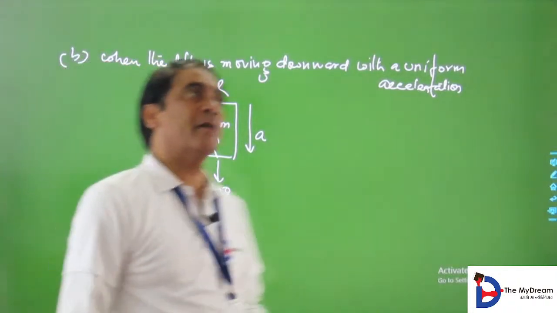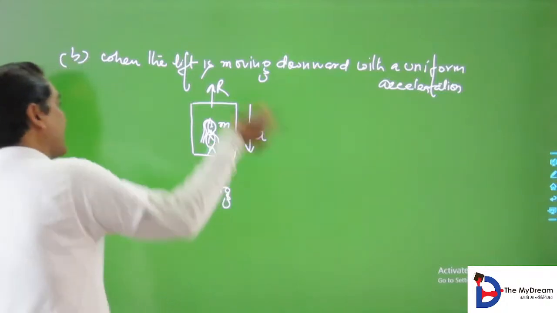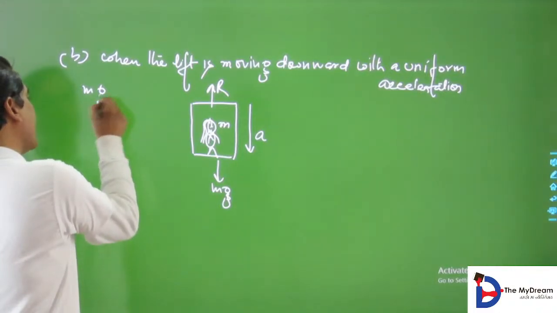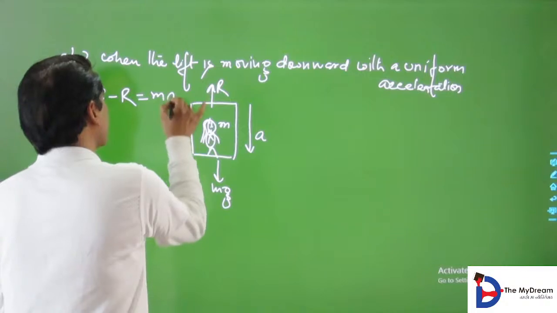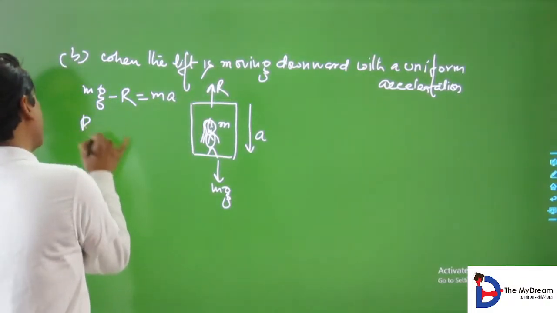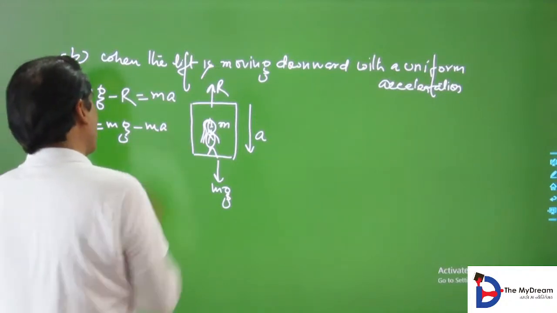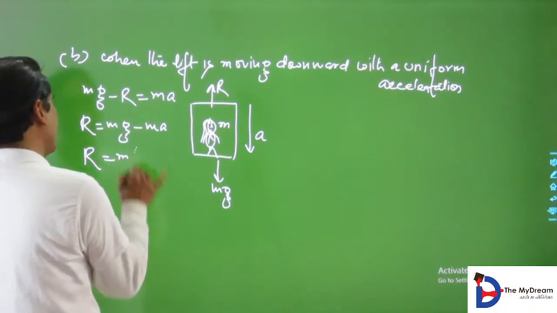Now the lift is moving downward, it means mg minus R equals m a, since the motion is towards the load. So R is equal to m into g minus m a, that is R equals m into (g minus a).